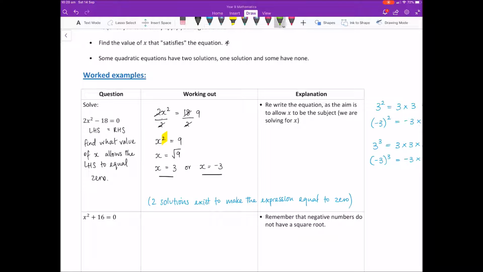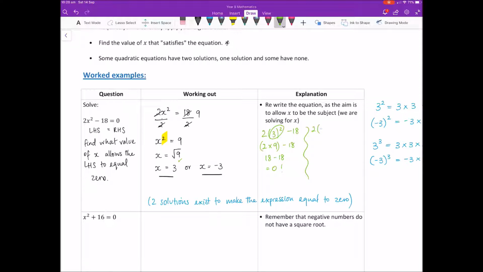And if we want to just quickly check that we're correct, let's substitute 2 times 3 all squared minus 18, and let's see whether or not that equals 0. So first we need to deal with that. So that becomes 2 times 9 minus 18. 2 times 9 is 18, minus 18, we get 0. So we know for a fact 3 is correct. Now let's substitute negative 3 into the expression.